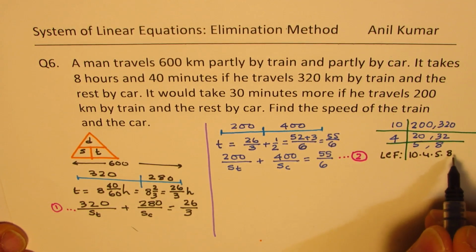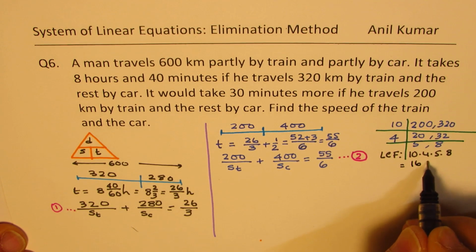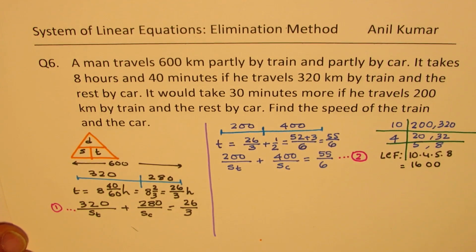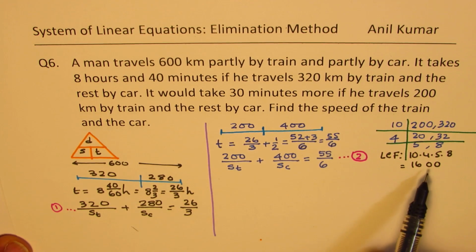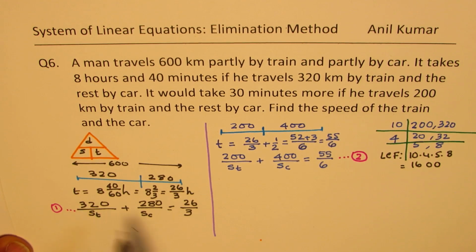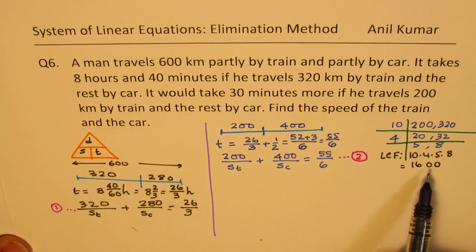So we get this as equal to 1600. So that becomes the lowest common factor. Now the idea is to multiply these equations so that 200 becomes 1600 and 320 also becomes 1600. Clear? Okay. Let's see what is the factor by which we can multiply them.